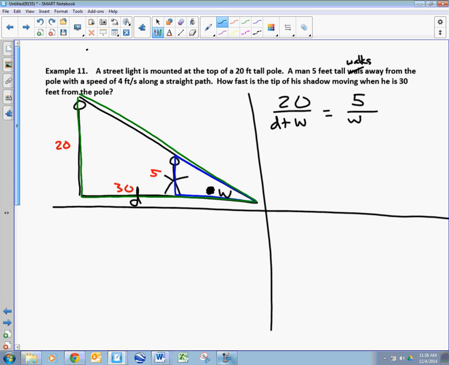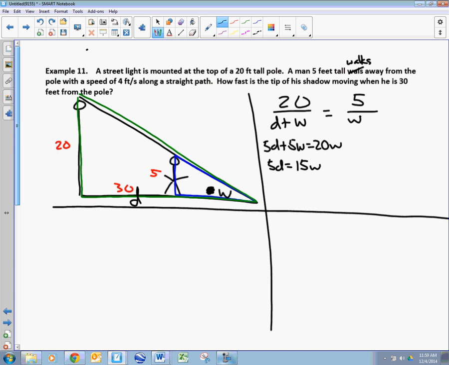Very good. If you would take the derivative right now, you would need to use the quotient rule or the chain rule. I don't want to do that, so let's just cross multiply. 5d plus 5w is equal to 20w, or 5d is equal to 15w. That's a formula that I can now use.